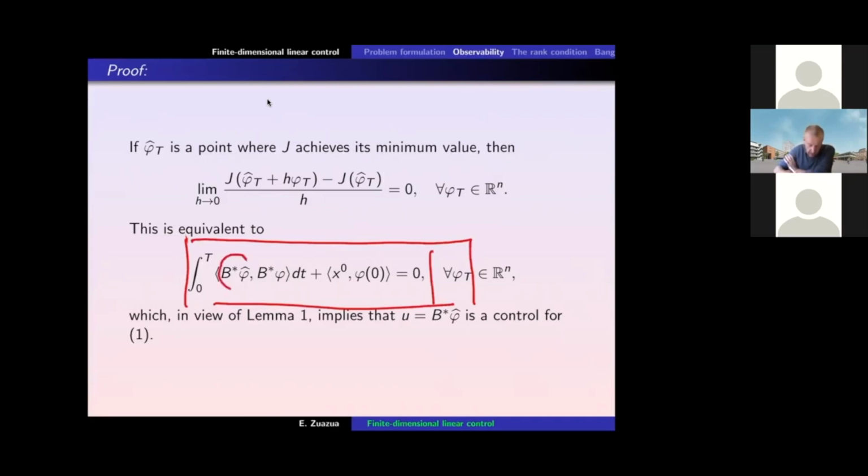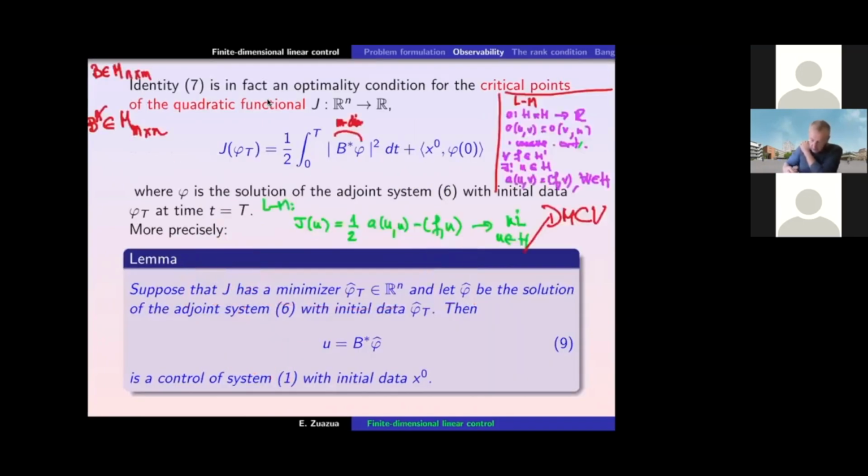Well, I realized that this was exactly what I needed for the control u T. So the proof of the fact that if this functional has a minimizer, this minimizer gives me the control, is just writing the Gateau derivative equal to 0. And now you say, okay, what do I need in such a context? You see, this problem looks very complicated because it goes through the adjoint equation for phi.